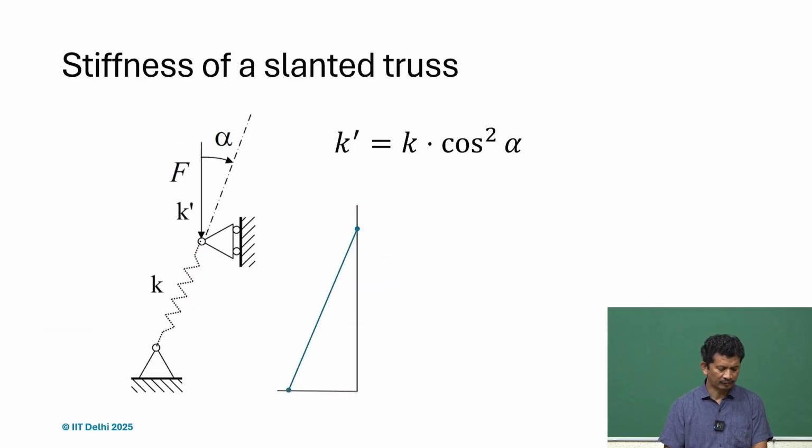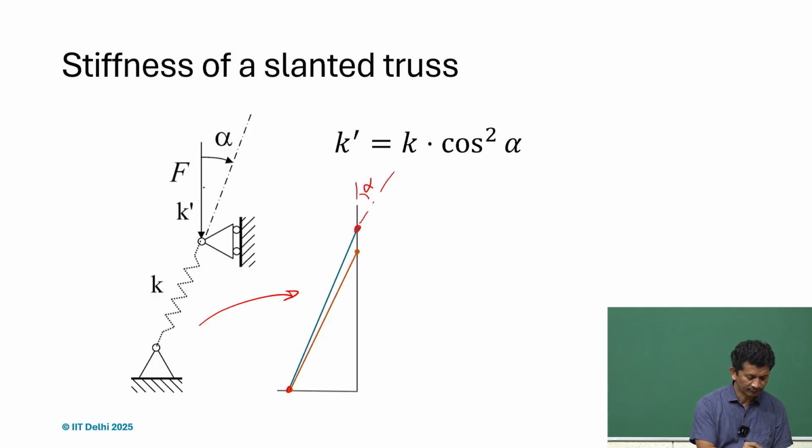For that again we can deliberate, and for instance, if this is the length, the position of the link of this spring, and this is the angle alpha, the slant angle. So when force is applied, this has moved here.